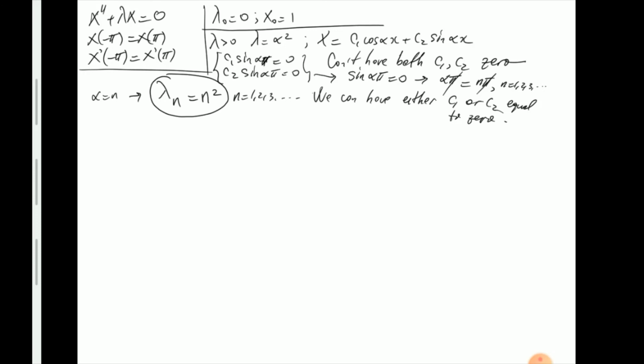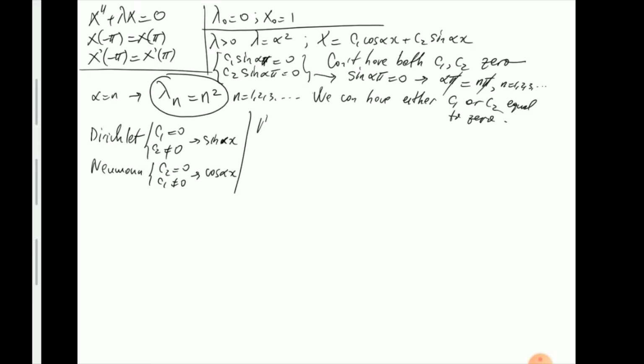In the Neumann condition, in fact, we can even write it down like this. In the Dirichlet problems, you had that c1 had to be 0 and c2 had to be not equal to 0, and that led to sine of alpha x in the actual problem, so it led to the Fourier sine series. In the Neumann problems, you had to have c2 equal to 0 and c1 not equal to 0, and that led to cosine of alpha x.